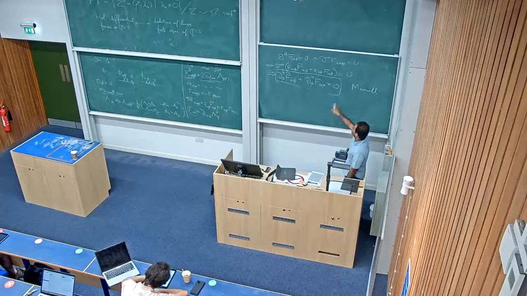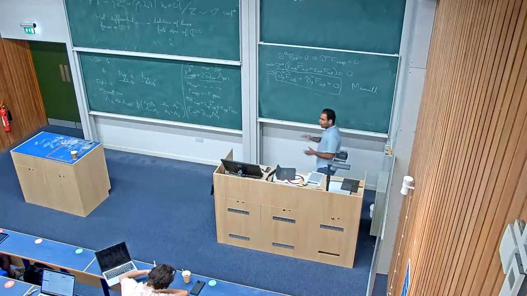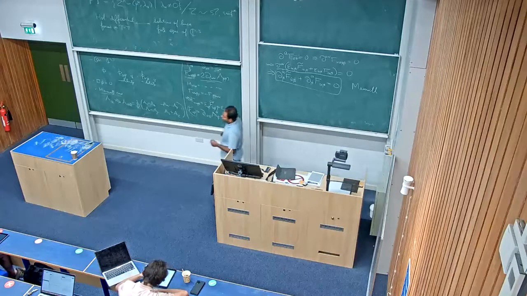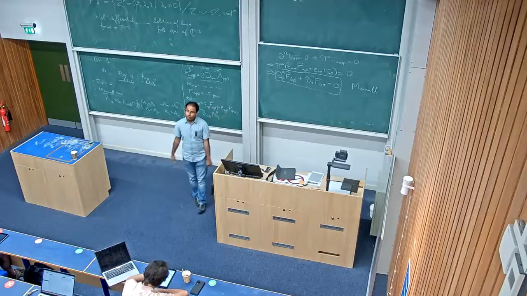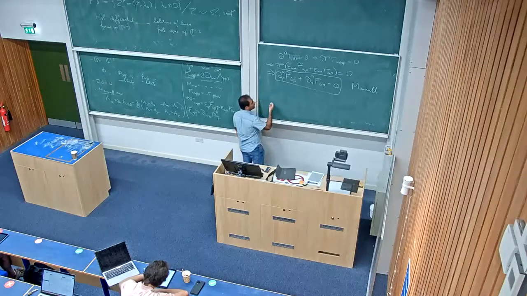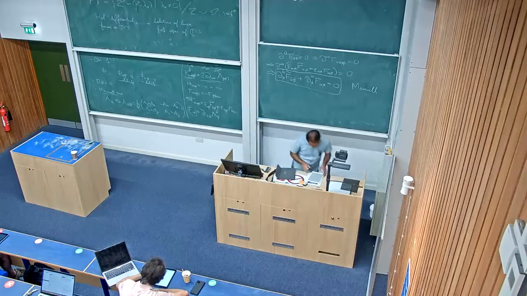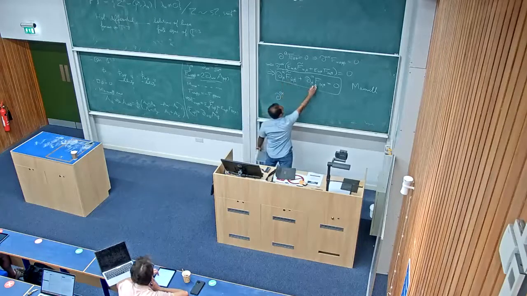You would think that I haven't really achieved much simplification yet, but now you use the fact that the gauge field strength comes from a gauge field, so it satisfies the Bianchi identity. You can check this, maybe as a nice exercise: compute the difference of these two objects.